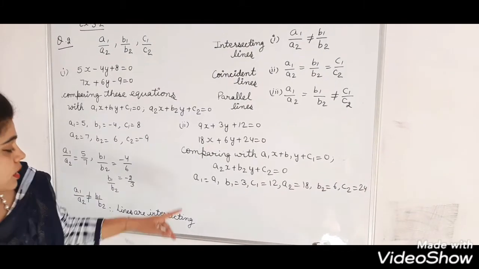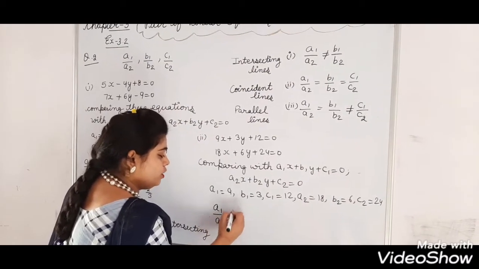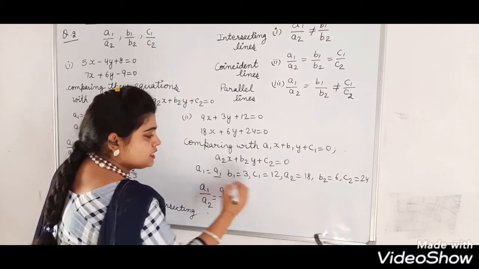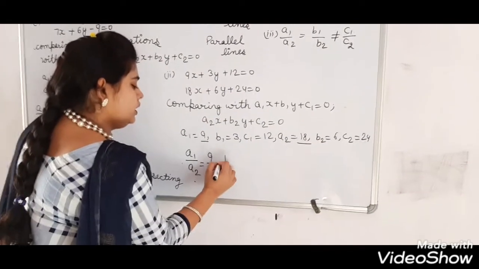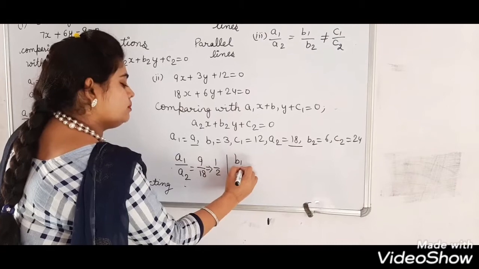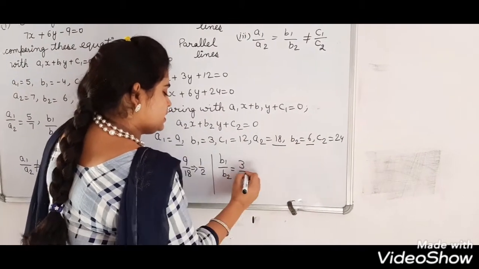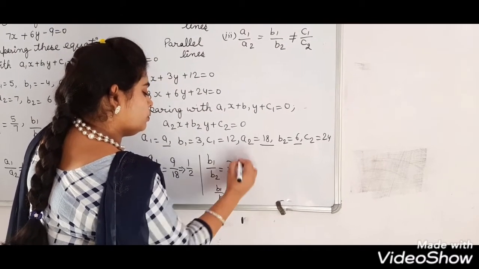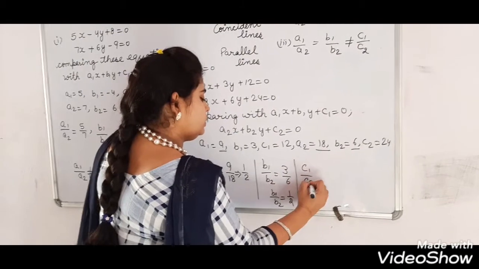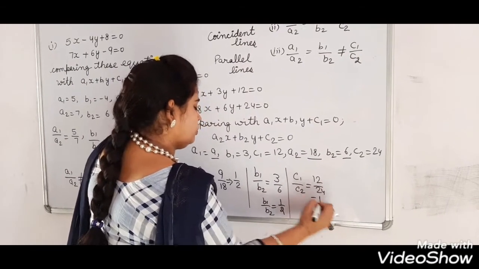Compare their ratios. Comparing ratios a1 by a2, what is the value of a1? 9. What is the value of a2? 18. We are getting 1 by 2. Now b1 by b2, b1 is 3, b2 is 6, b1 by b2 is equal to 1 by 2. c1 by c2, 12 by 24 means 1 by 2.